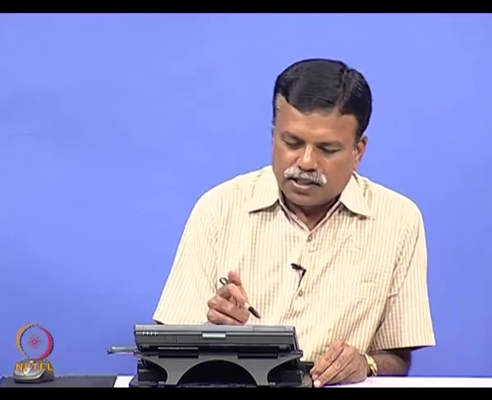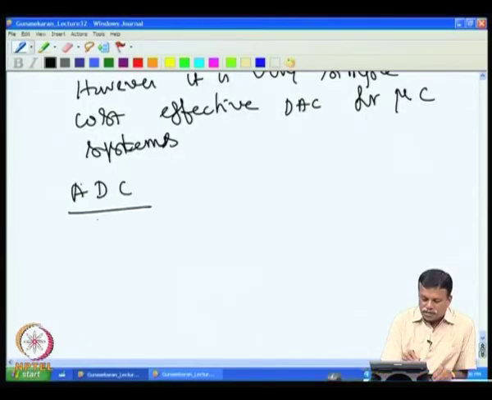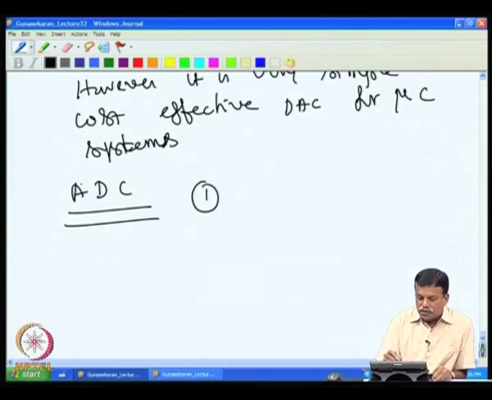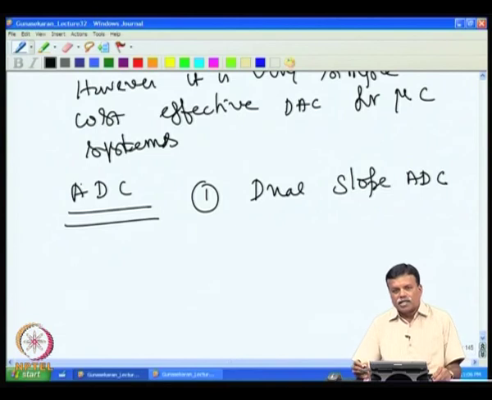Now, we will continue our discussion on A to D converters, because there are a few more A to D converters that are to be discussed. Earlier we discussed two A to D converters. One is a dual slope ADC or single slope ADC in the microcontroller environment, that also we have discussed.